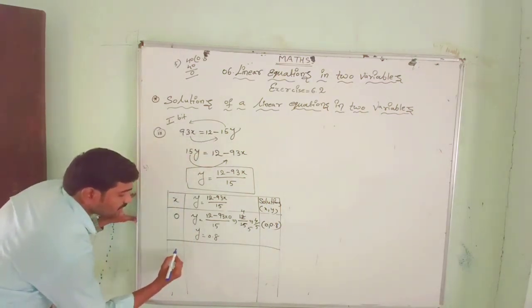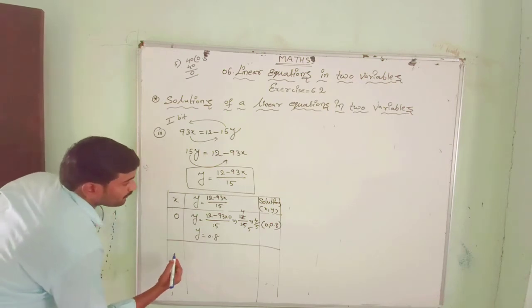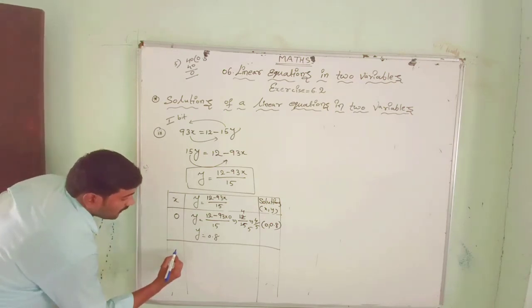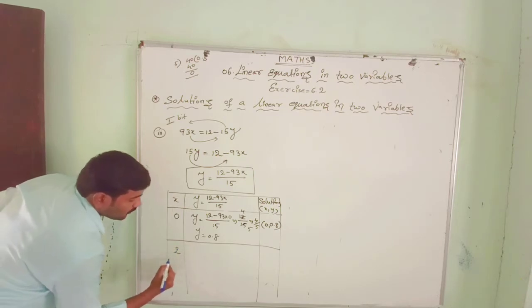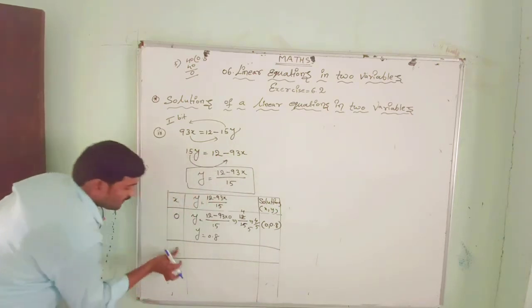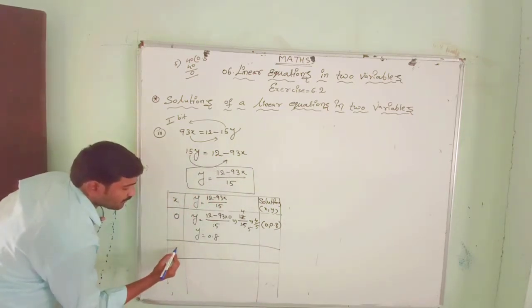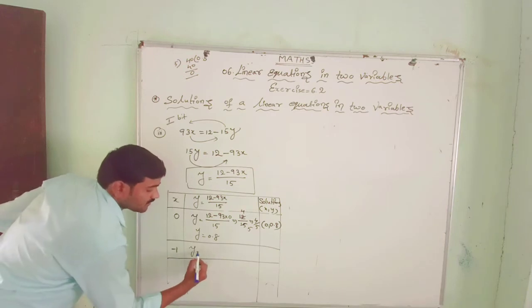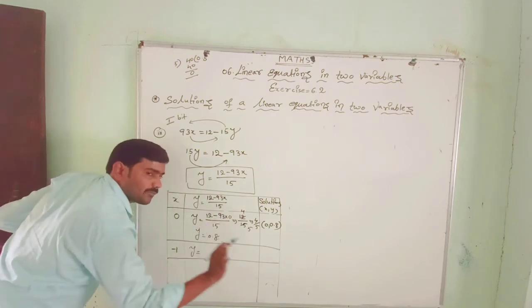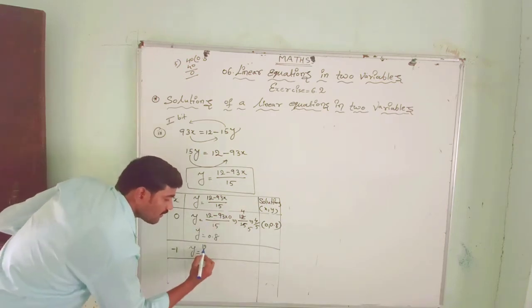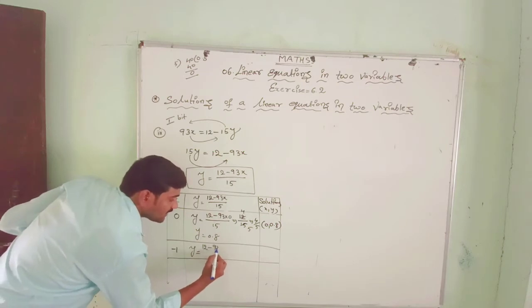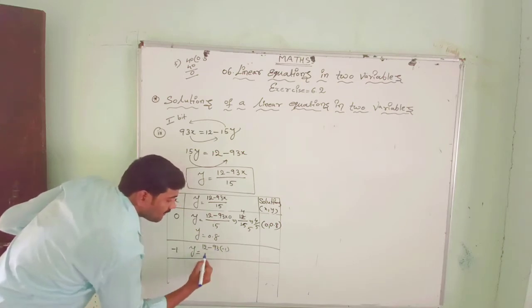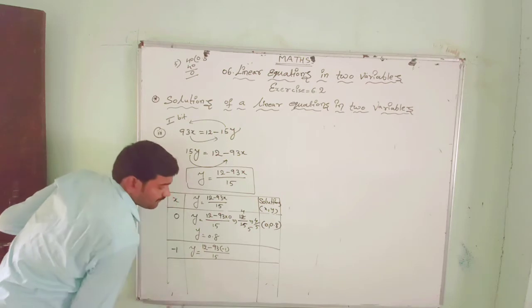Then next, you take a small number, or you can take negative numbers. Minus 1 we will take. It is your wish, children, you can take any number and calculate properly. That is 12 minus 93 into minus 1 by 15.